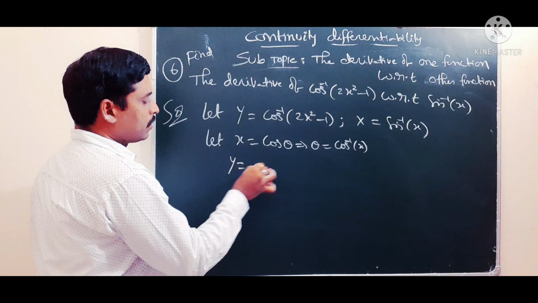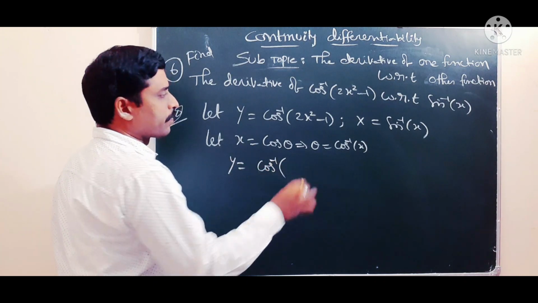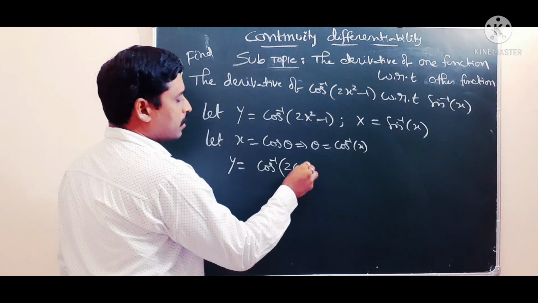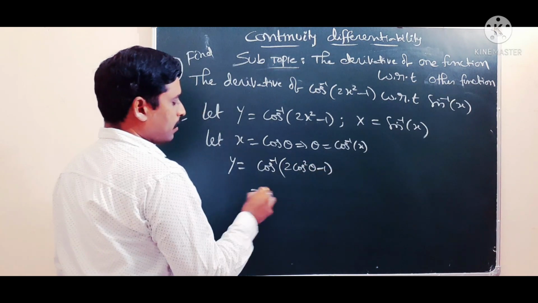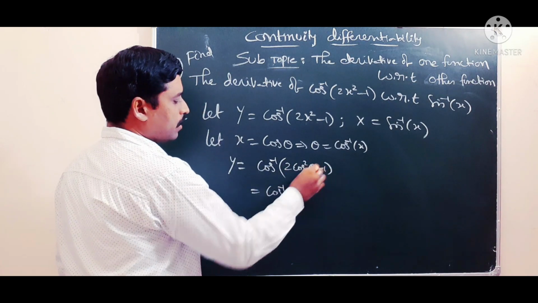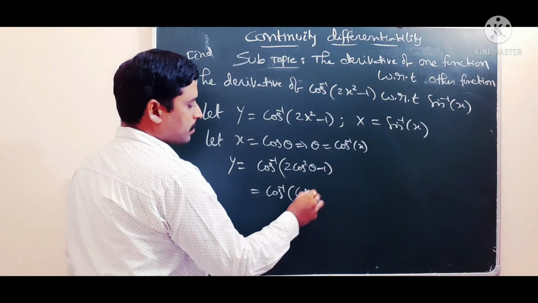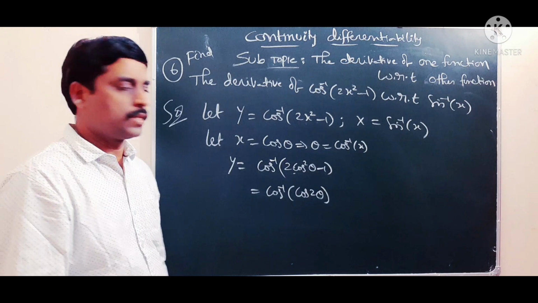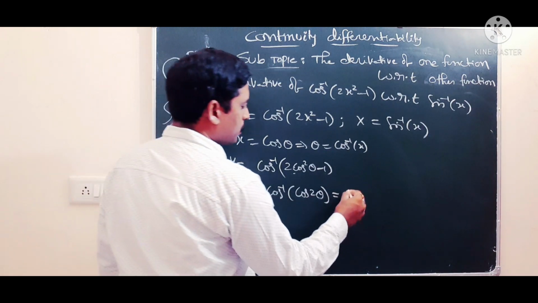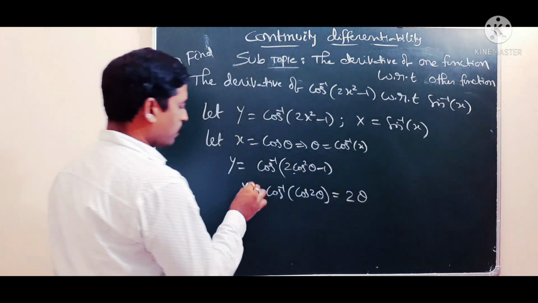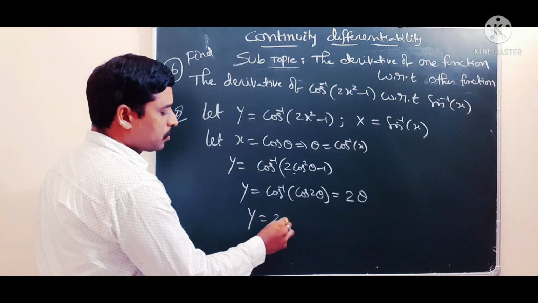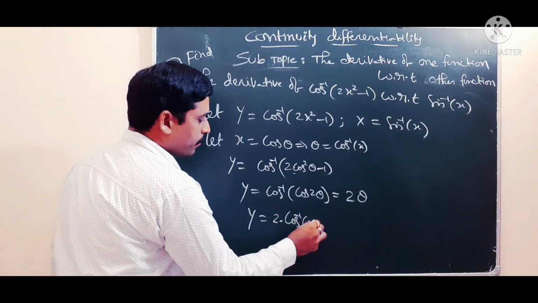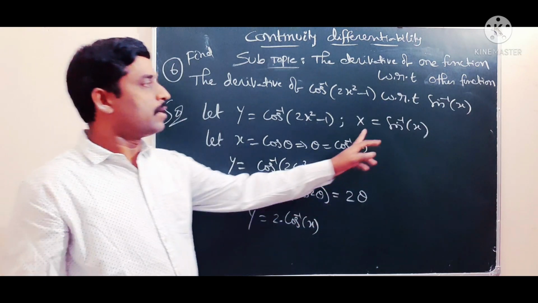So y is equal to cos inverse of 2x square minus 1, so 2 cos square theta minus 1, which is cos 2 theta. Cos inverse of cos 2 theta is nothing but 2 theta, the y value. So y is equal to 2 times theta, which is cos inverse x, where the x value is sin inverse x.